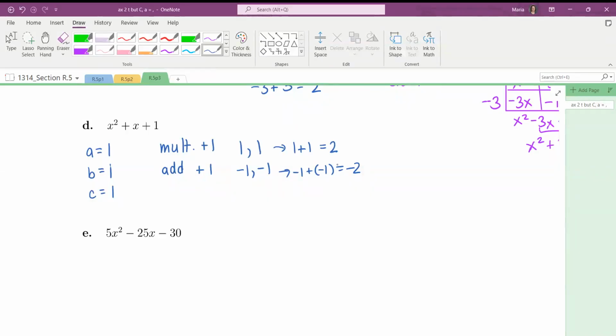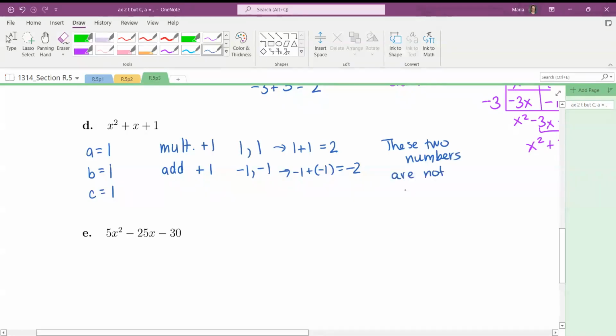So what happens here is there is no pair of numbers that is going to work. You are not going to be able to find two numbers that multiply to be +1 and add up to +1. It's just not possible. So these two numbers are not possible. Can't find it.